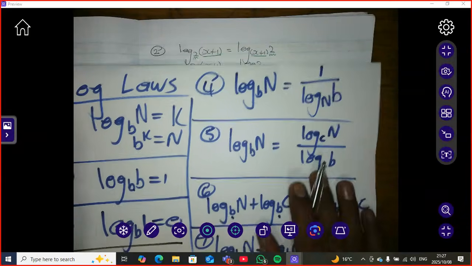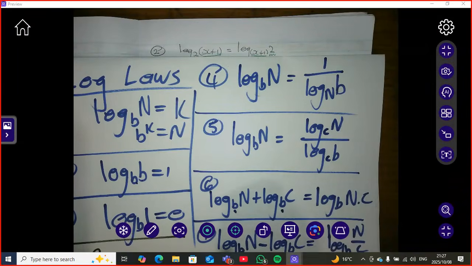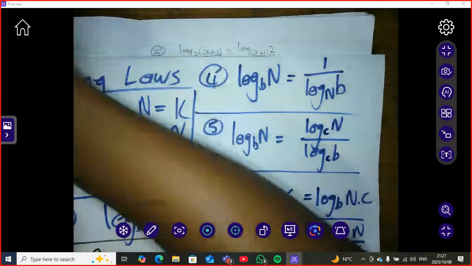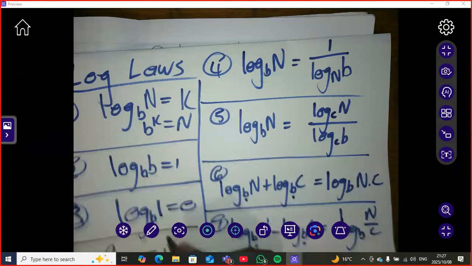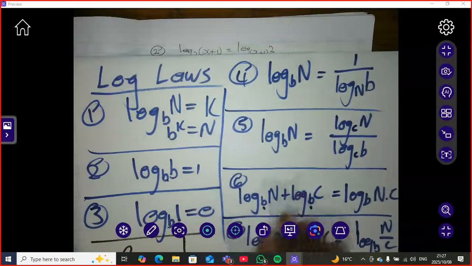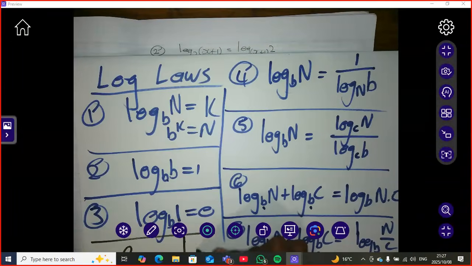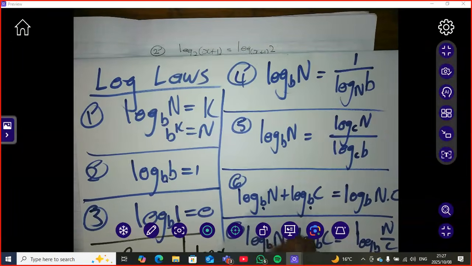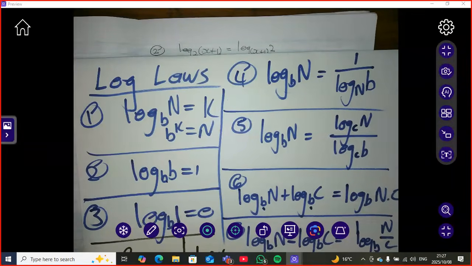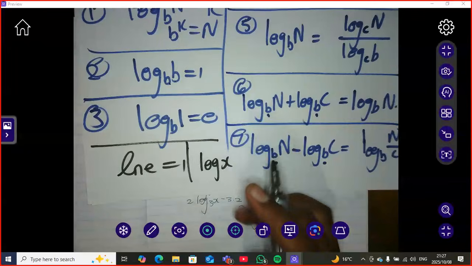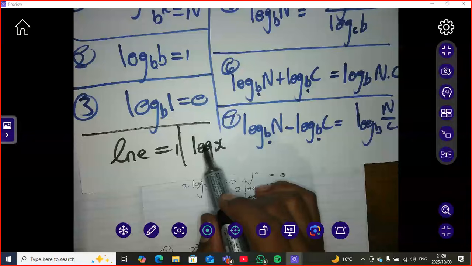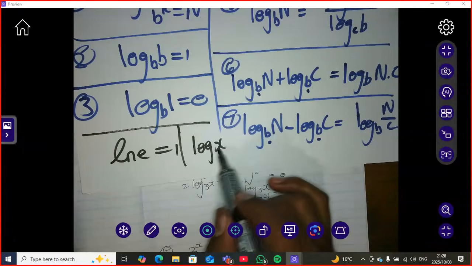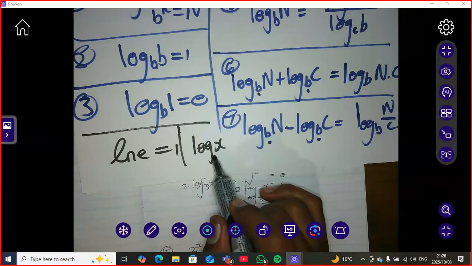Also, just a note that whenever you get a log question, if you get anything that says log x, for example, the base is a 10, even if it's not written. If you get anything that is log something without a base written, the base is always a 10.